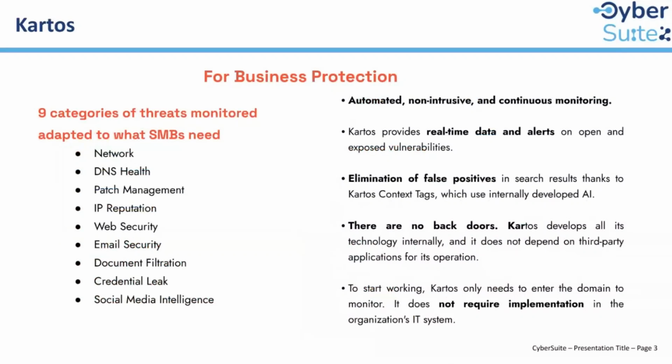All the information that we find about each company, we classify into these 9 categories. Network, related to exposed services and certificates. DNS health, related to phishing, fraud, and scam campaigns. Patch management, IP reputation, security related to headers, cookies, configuration.